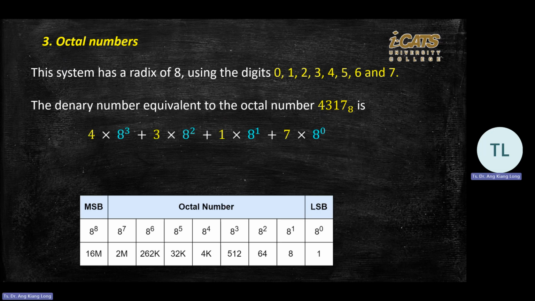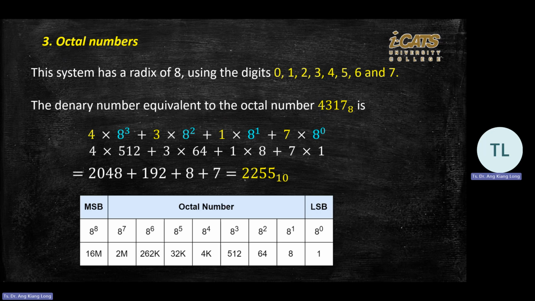Okay, so just an example. If you have the octet number 4317, you need to convert it into a decimal number, base 10, so that normal people understand what you are talking about. Same as the binary just now, you convert and then you write it here.